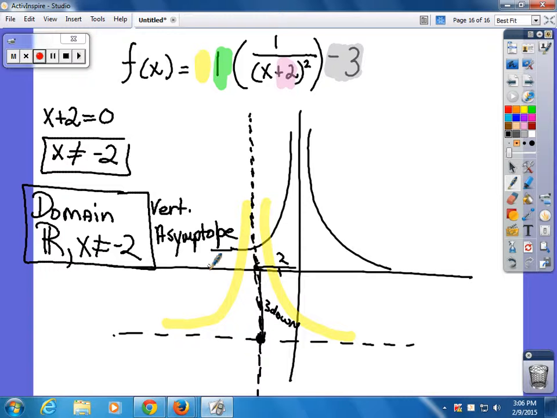That means that your function cannot touch this number right here. Why? Because if you touch that number, you're plugging -2 into what? This, and what do you get? And it blows up. Can't do it. Can't have your cake in -2.